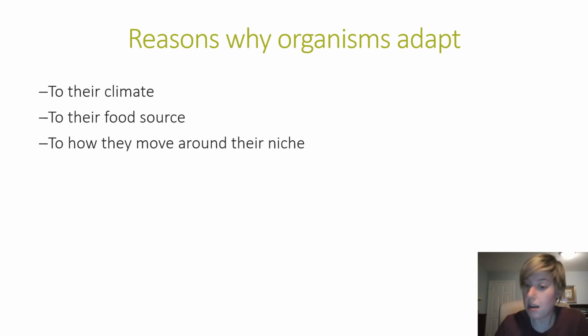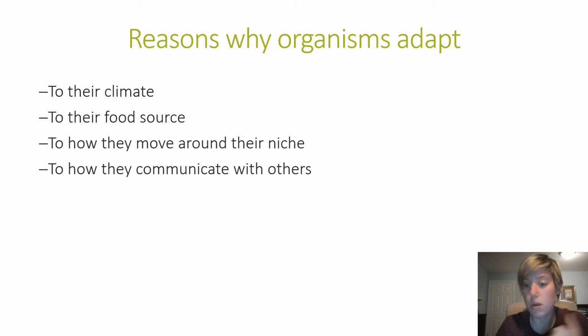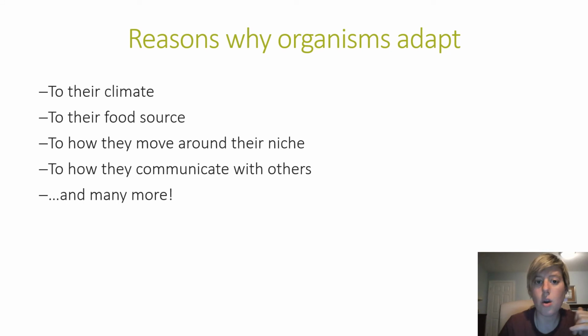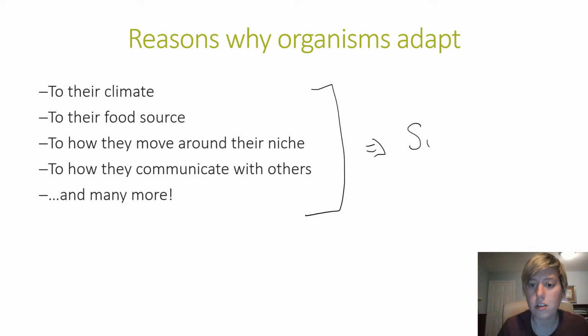A land animal, or an air animal, or a water-based animal is going to have different adaptations to be able to move in those different areas. How they communicate with others, and many more. There are so many ways you would adapt, but it all comes down so that you can survive.